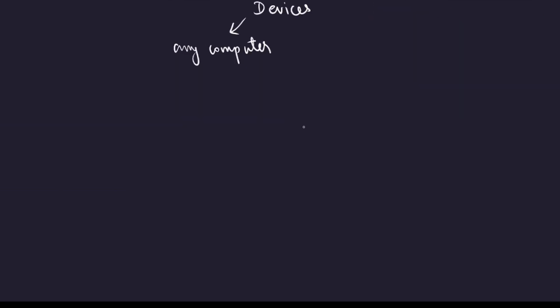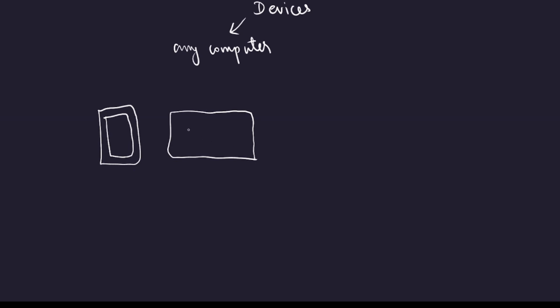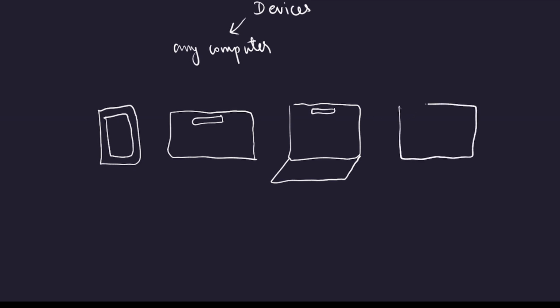So what's the benefit of this, you will ask? The benefit is simple. Let's say you have your phone, then you have a tablet, or your friend has a tablet, and you have a laptop, or there is a laptop at home, or in your village, you have a big old computer.